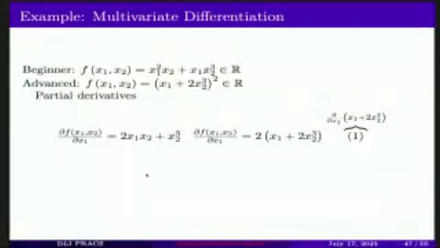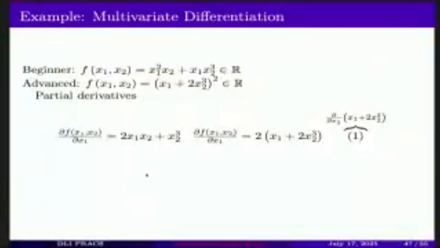That is what we have to the left there. And if you derive x1 times x2 to the power 3 with respect to x1, this is maybe the most complex thing to understand with partial differentiation: treating the other variable as a constant, because the only thing you are changing is x1.